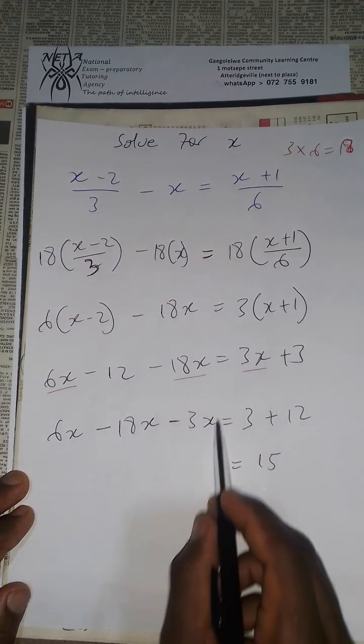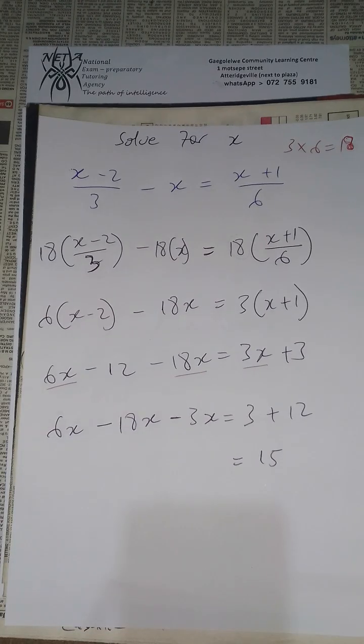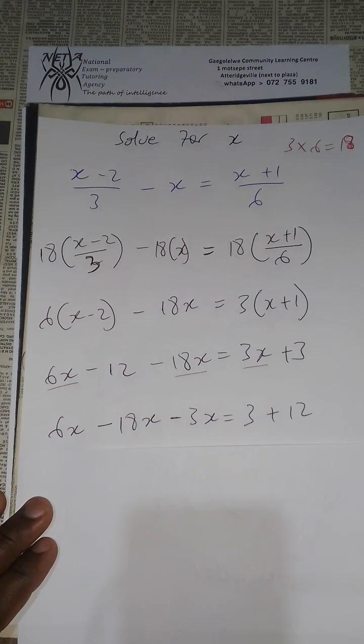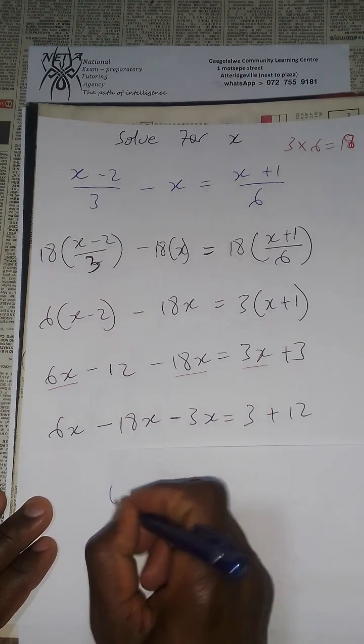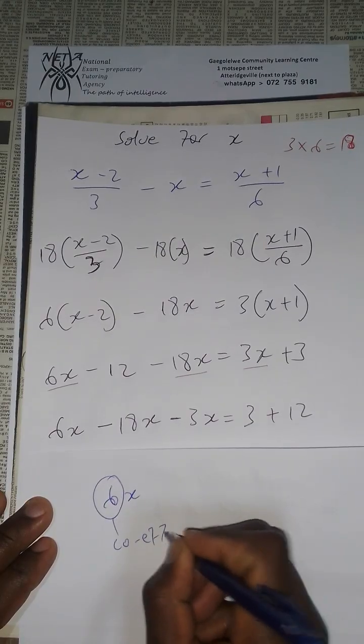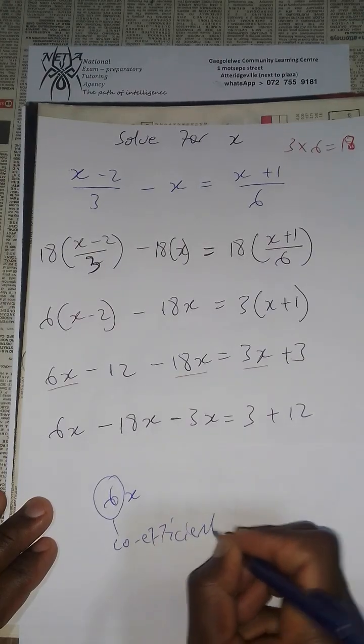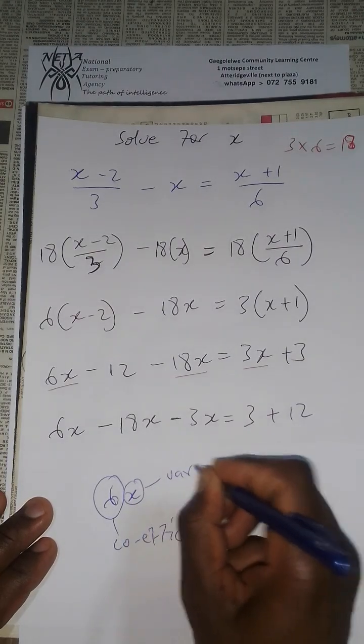And whenever you are adding or subtracting terms that have the variable of x or any variable, what you do is that you have to calculate. By calculating, I mean you have to add or subtract your coefficients. Now remember, to remind those who might have not understood what I said, that when we have 6x, our 6 is the coefficient of the term, while our x is the variable.